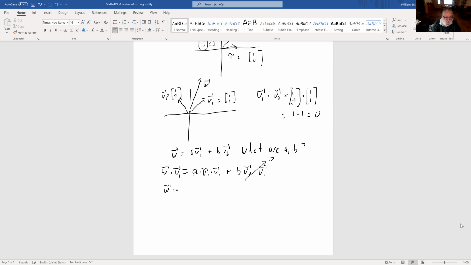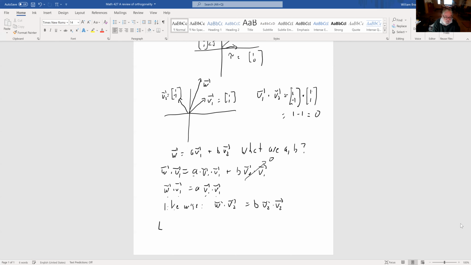So W dot V1 is equal to A times V1 dot V1, and I can solve for the number A just by calculating these 2 numbers. Likewise, W dot V2 will turn out to be B times V2 dot V2.